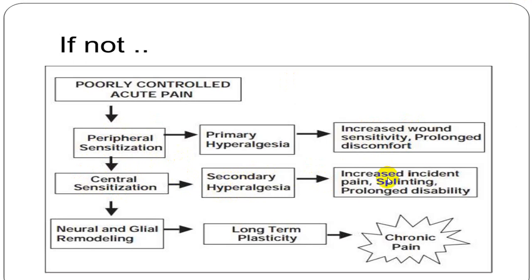Because of that, there will be increased incidence of pain and prolonged disability. This central sensitization will give rise to neuronal and glial remodeling, and that will end up with long-term plasticity, that is increased muscle spasm, and that will produce chronic pain.